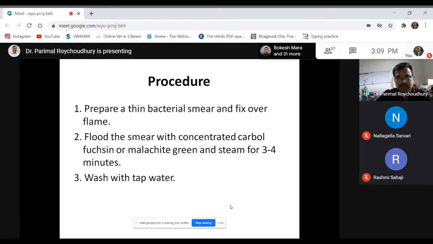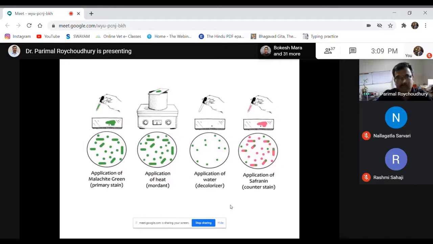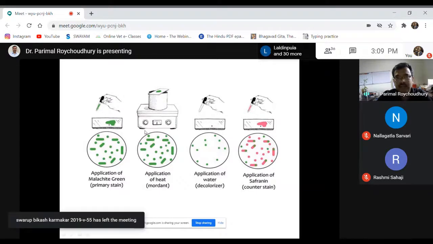This is the modification. That's why it's called the modified Ziehl-Neelsen method. This is a simple 3-stage procedure. These pictures are for malachite green staining only, the Schaefer-Fulton method. We flood the smear with malachite green and apply steam heat.